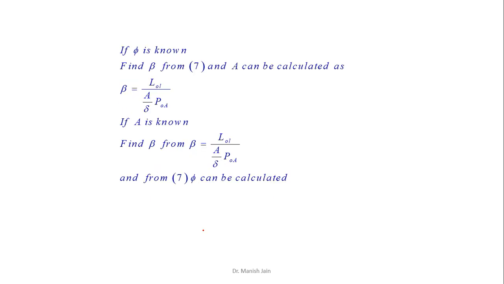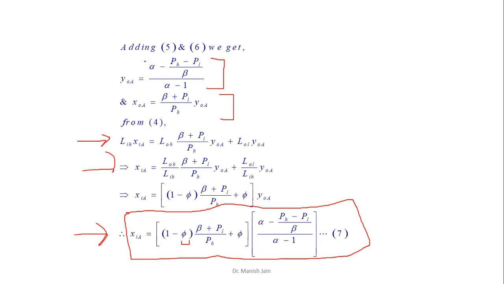Suppose you know the value of phi, so just calculate the value of beta from this equation. All other parameters are given to you: alpha is the selectivity of the membrane, and pH minus PL is the pressure difference across the membrane, that is the operating condition. pH is the pressure in the feed side, which is also given.